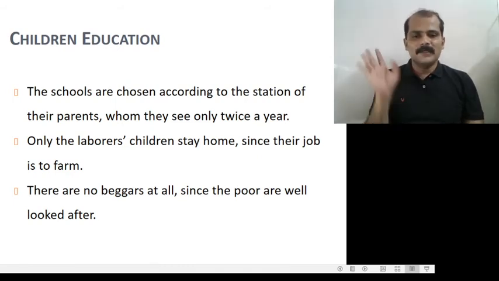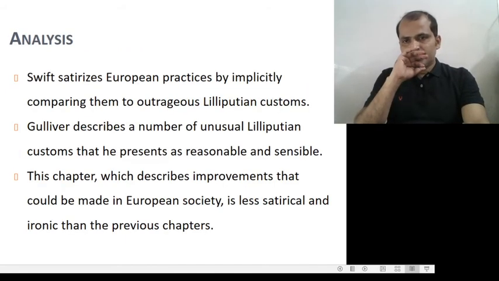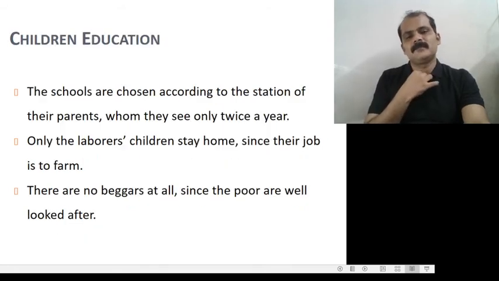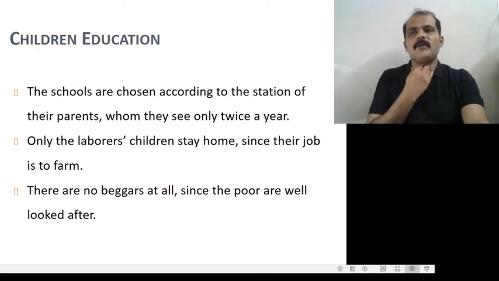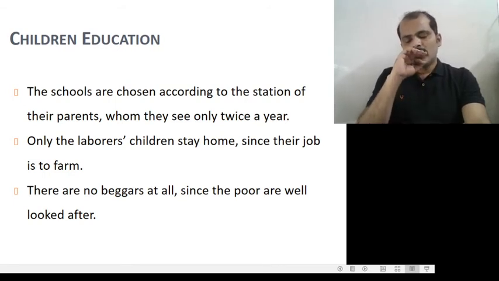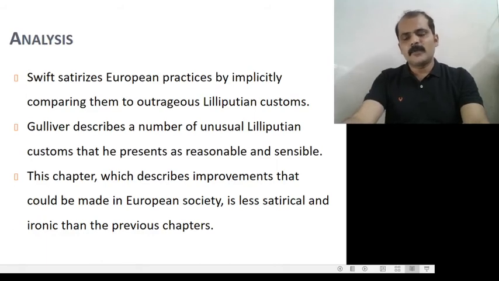So no beggars are found. So, chapter 6 ends with this kind of description of the rituals, customs and lifestyles of Lilliput. Let us go to some analysis of this chapter.